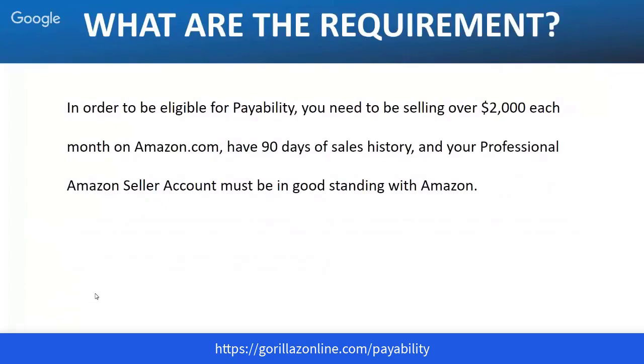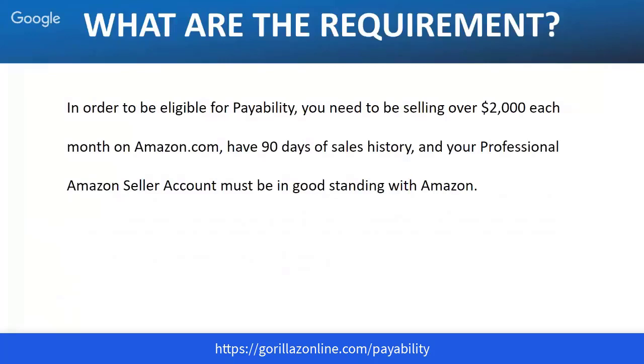So what are the requirements? What do you need to do in order to qualify to get this? Well, it's quite easy, really, and it's not too steep. In order to be eligible for Payability, you need to be selling over $2,000 worth each month on a regular basis on Amazon.com. In other words, on the US site.